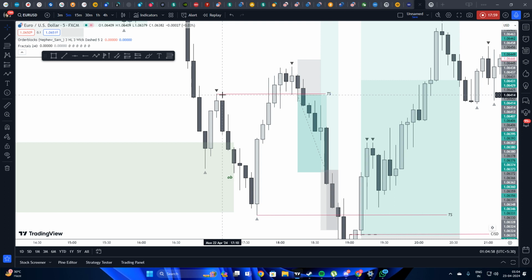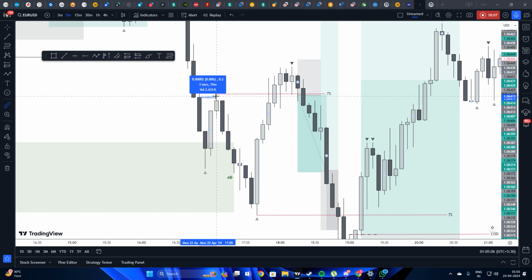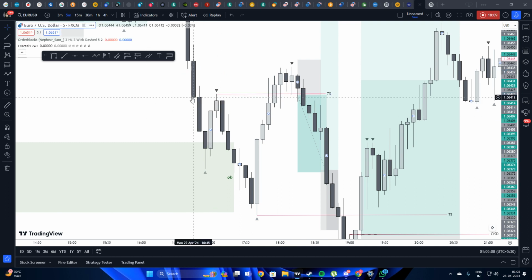So the market made this high at the New York session kill zone open and the London session closing kill zone. It made this high.